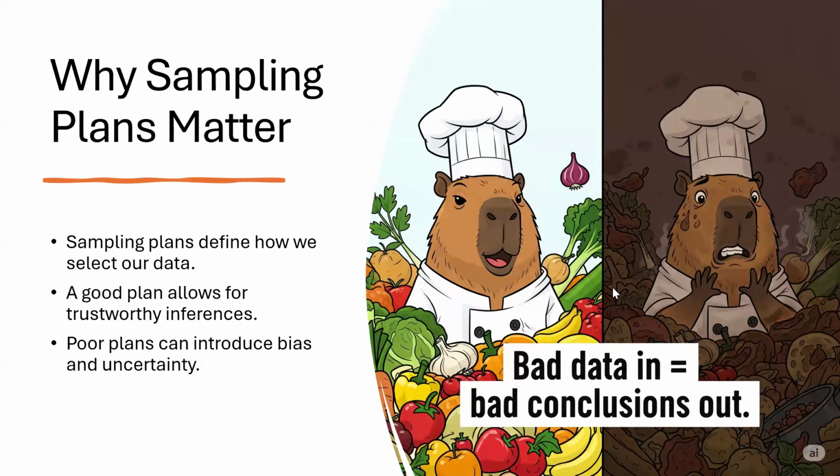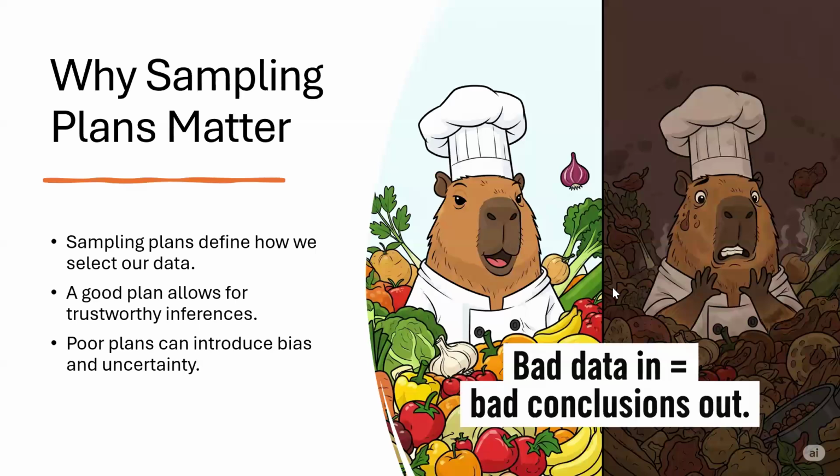Why does the sampling plan matter so much? Because it determines whether the data we collect is meaningful or misleading. Think of it like cooking. Even if your recipe is perfect, bad ingredients ruin the dish. Likewise, poor sampling introduces bias, a systematic deviation from the truth.